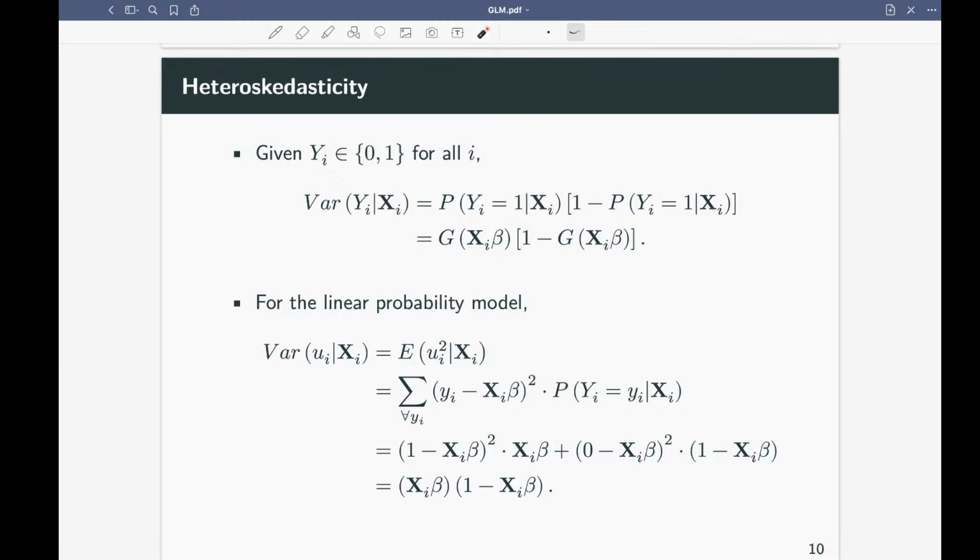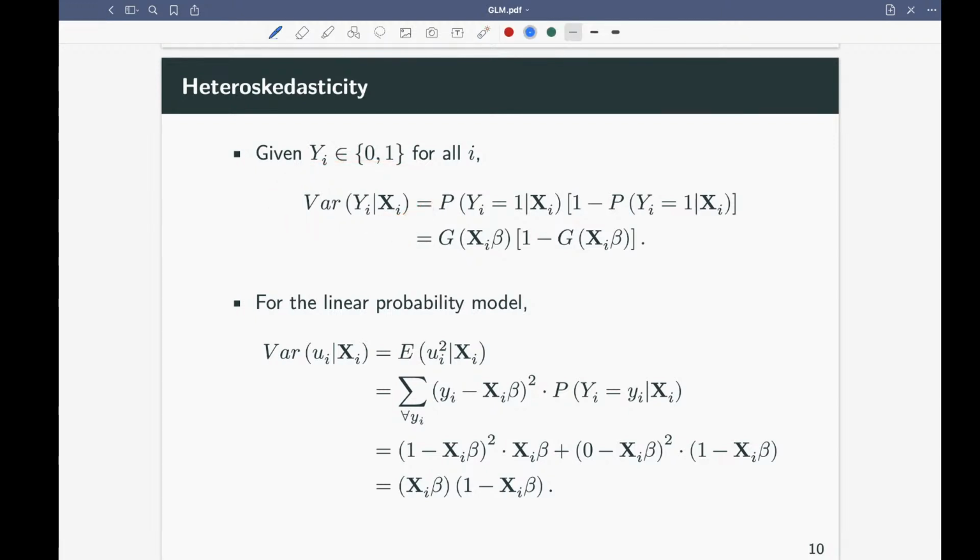Here we focus on the general form at first. If y is either 0 or 1, then the variance of y, because this is a binary variable, follows a Bernoulli distribution.